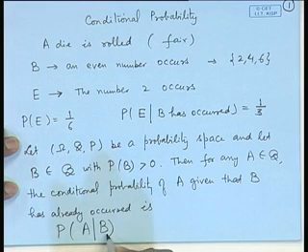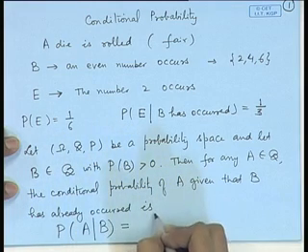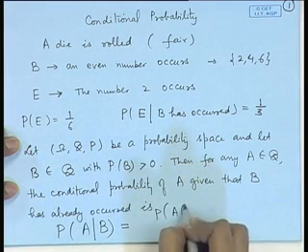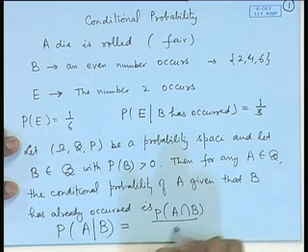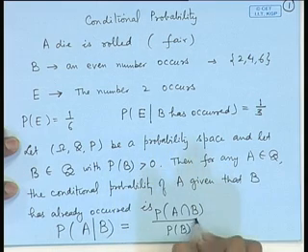It is defined as probability of A intersection B divided by probability of B.